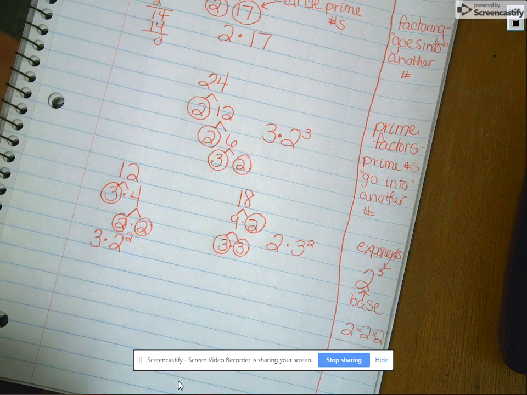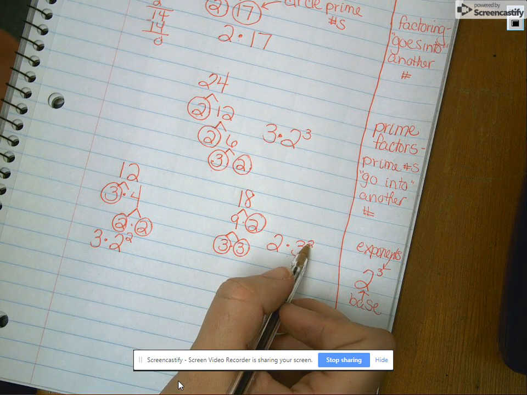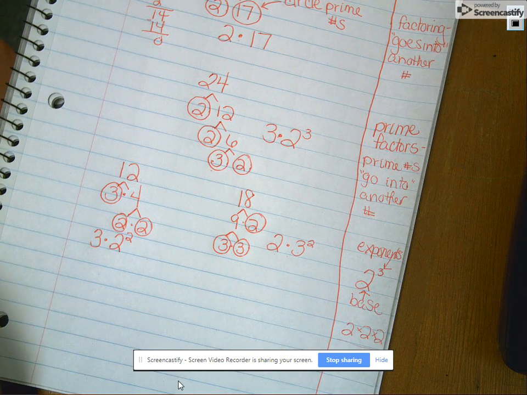It doesn't matter if you have 3 to the second first and then 2, or this way. Either way is fine because the commutative property tells me that when I multiply, it doesn't matter which number goes first. Please pause the video now and answer any questions that students who did not get this part correct have.